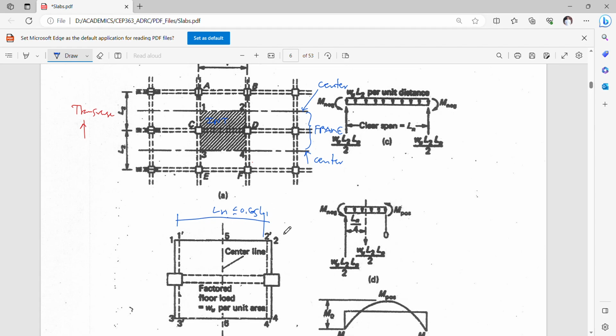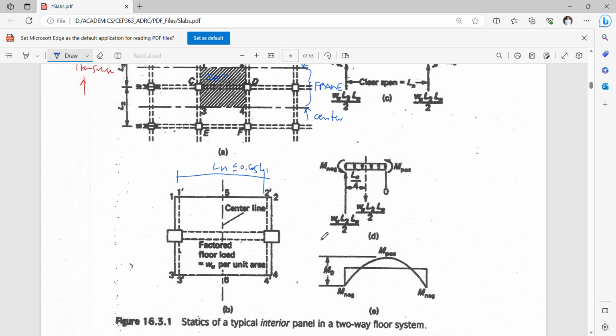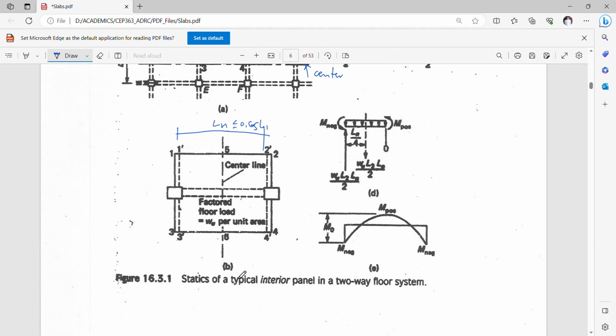So for the moment diagram of your central panel, this is now the statics of a typical interior panel of the floor system. You will notice that the longitudinal moments based on the static value are actually symmetrical because this is interior. Your negative moments here are the same, such that your M positive here is exactly at the midspan.